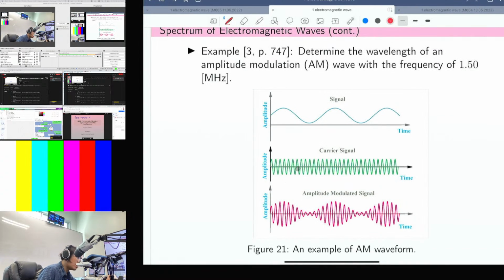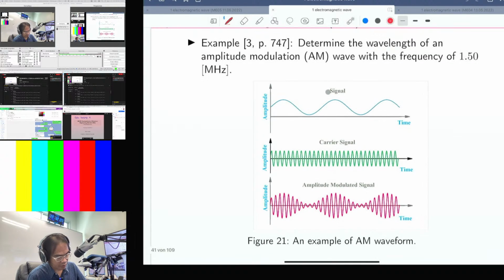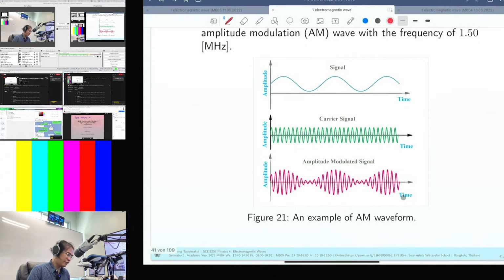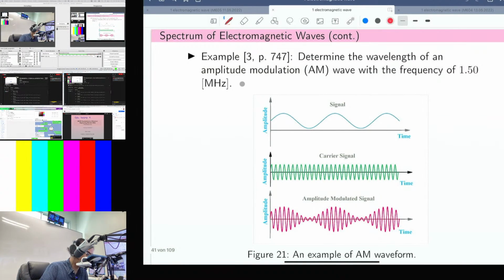Now let's talk about an example for the computation of the wavelength and the frequency for the electromagnetic wave. It uses the same expression I told you, which you may have seen during our on-site class.